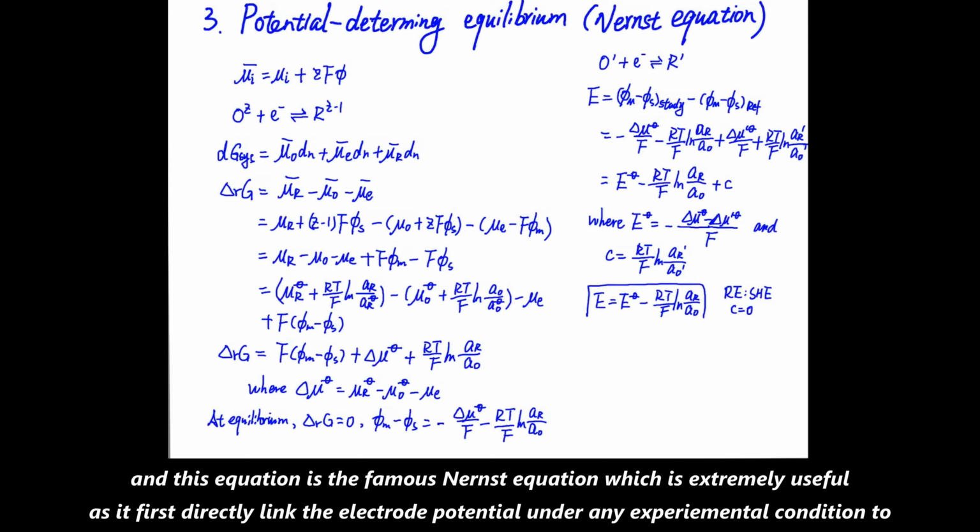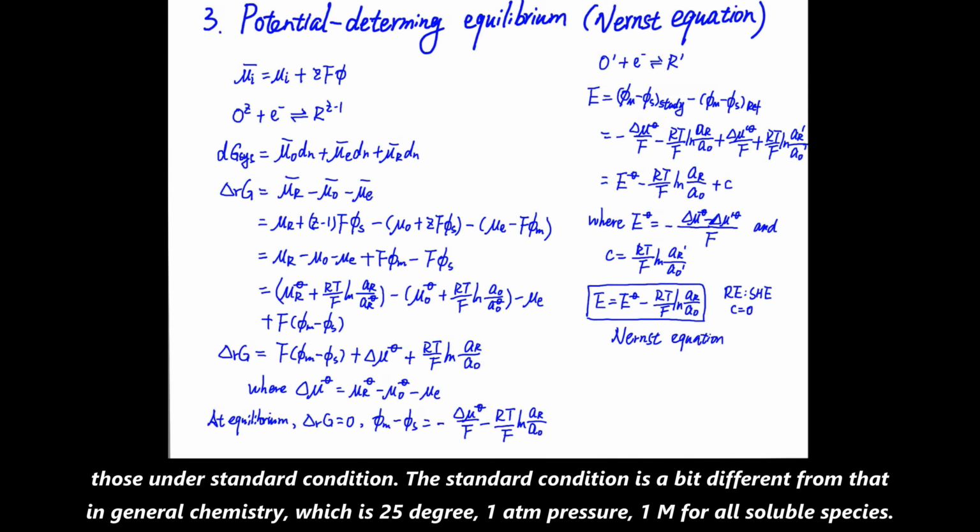And this equation is the famous Nernst equation, which is extremely useful as, first, it directly links the electrode potential under any experimental condition to those under standard condition. The standard condition is a bit different from general chemistry, which is 25 degrees, 1 atmospheric pressure, and 1 molar for all soluble species.